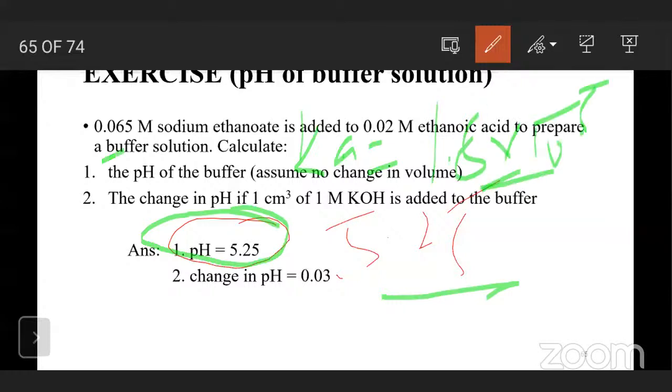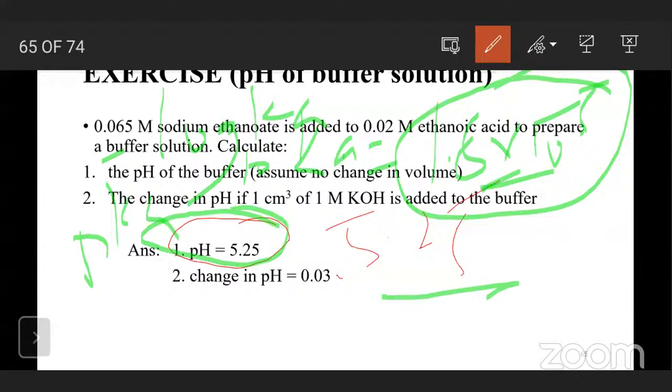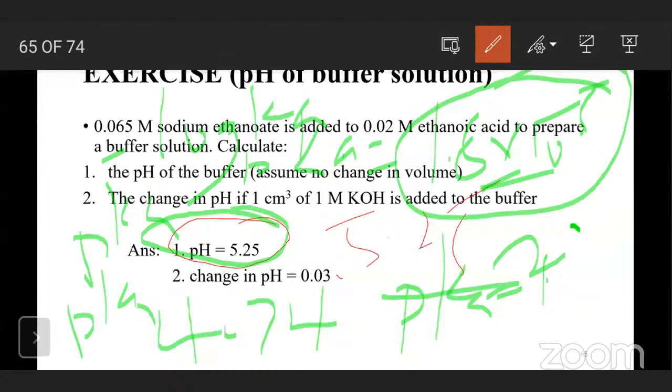From there, you can calculate your pKa, which is minus log to base 10 of Ka. Press your calculator and find out what your pKa will be. If you do it very well, you'll get something like 4.74 as your pKa. So just take that pKa as 4.74.